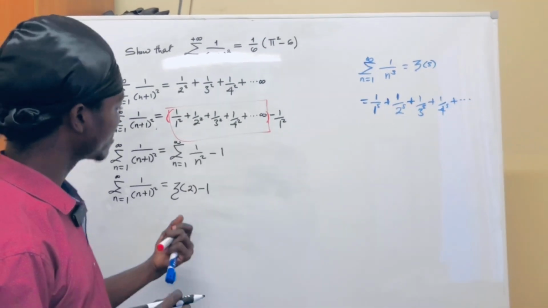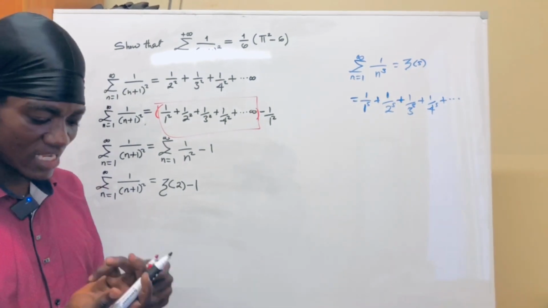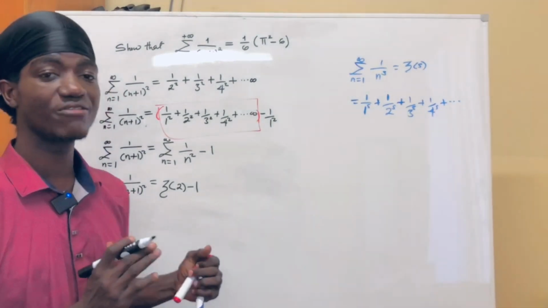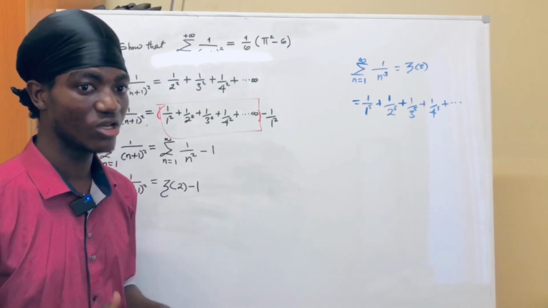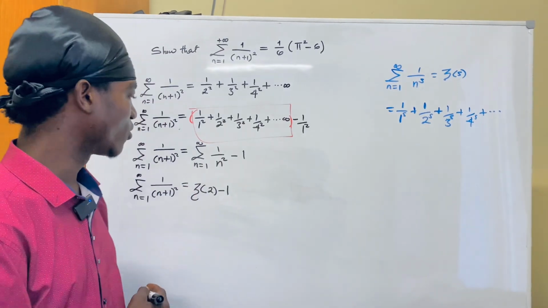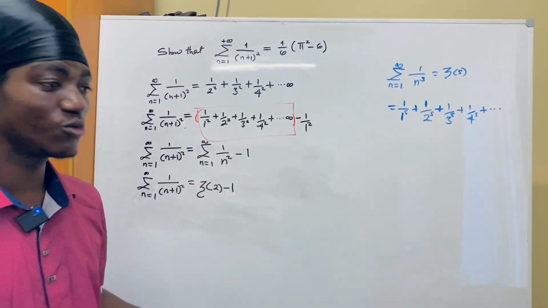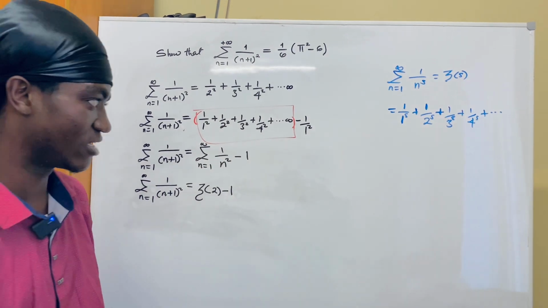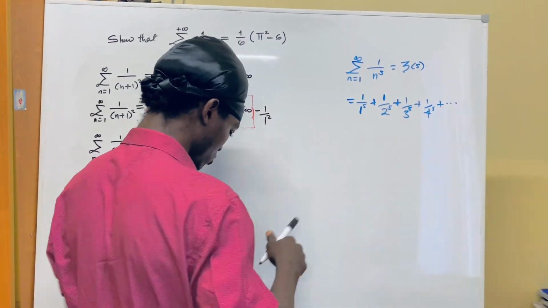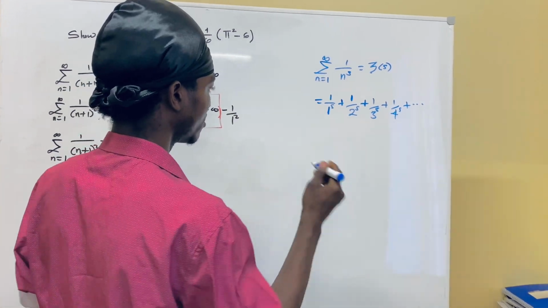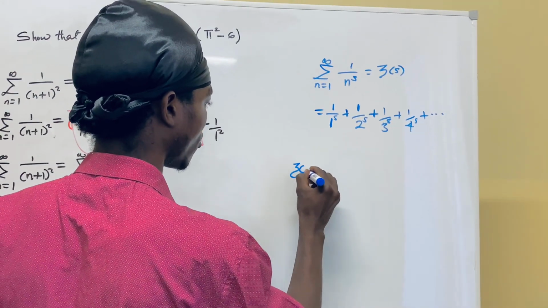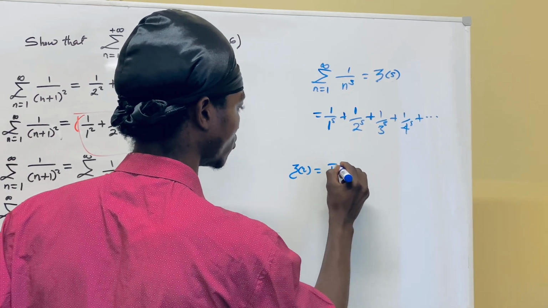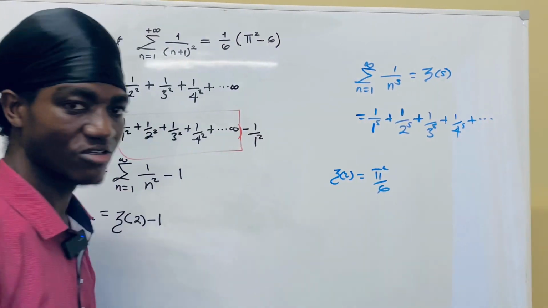Now, what is zeta of 2? For time's sake, I will just give you the exact value of zeta of 2, so you can comment below. Maybe in another video, we can prove that zeta of 2 is equal to the value I'm about to give. So the Riemann zeta of 2 is just equal to pi squared over 6.